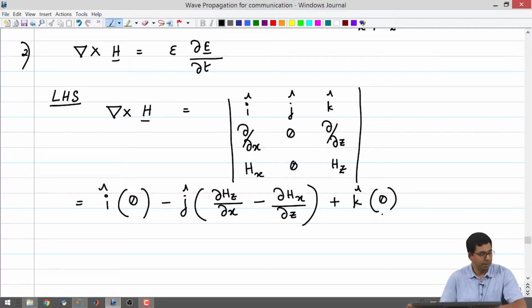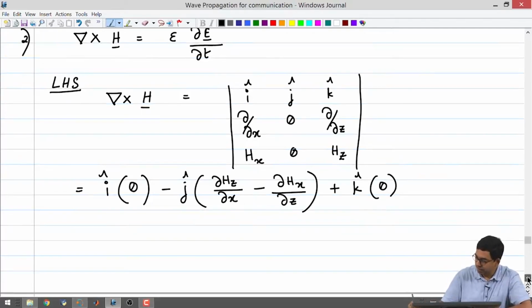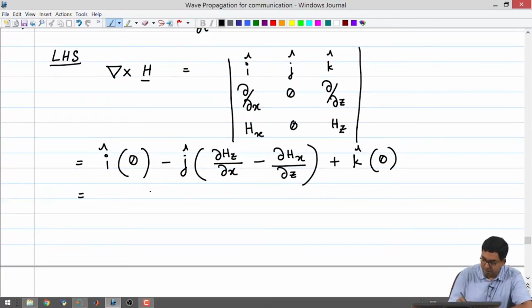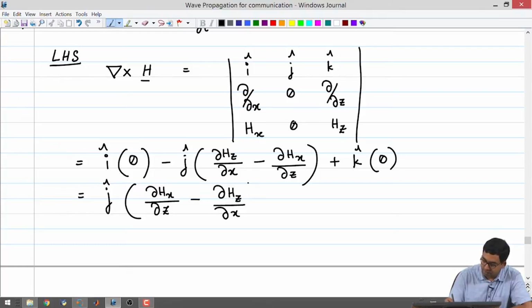This is my left hand side. To make it easier, I will remove the 0 terms and take the minus sign inside, so that I have j hat multiplied by dou Hx dou z minus dou Hz dou x.